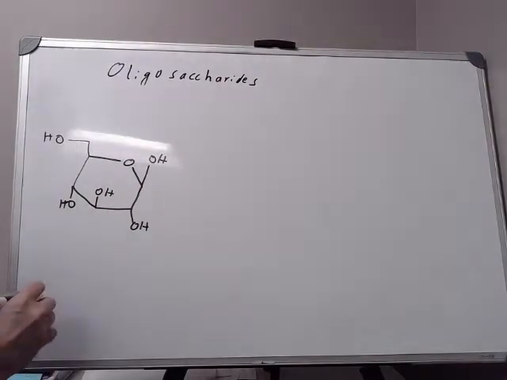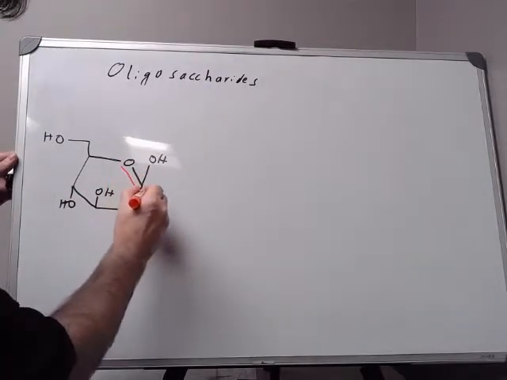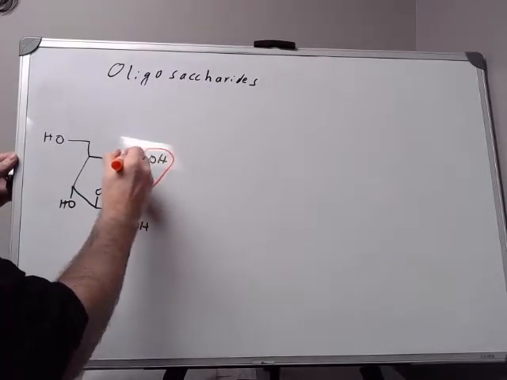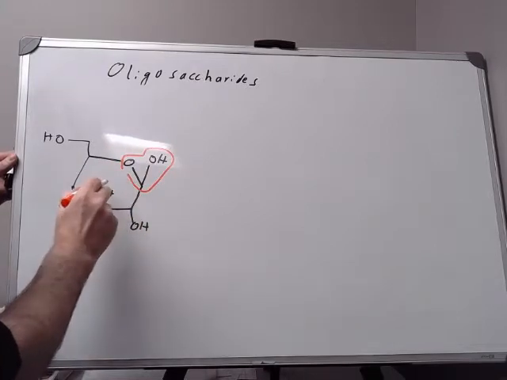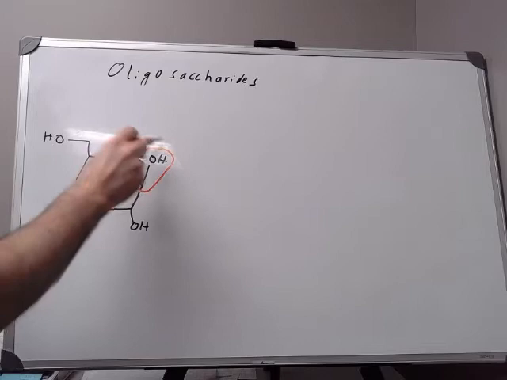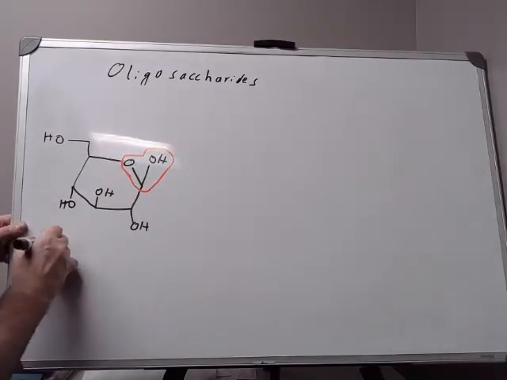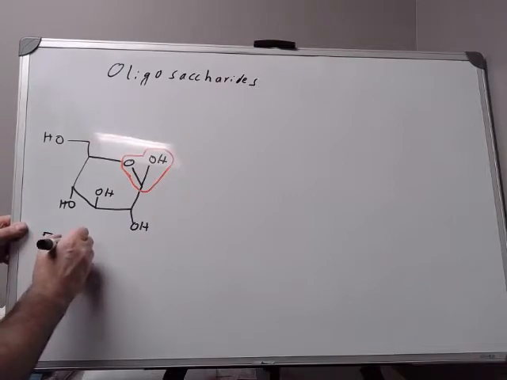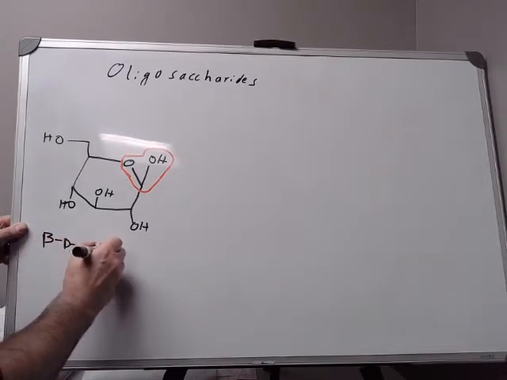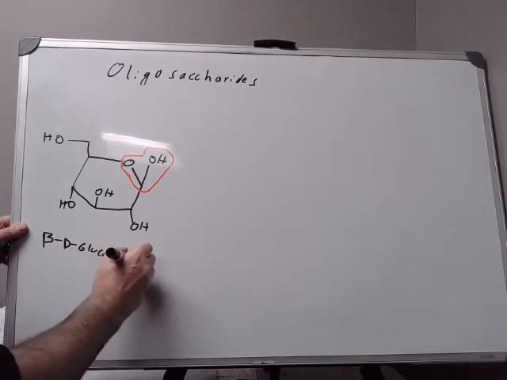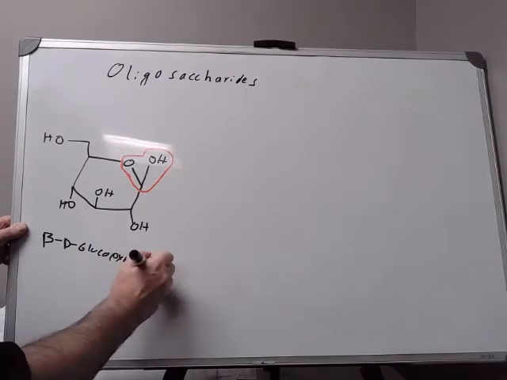so this is our hemiacetal group. The hemiacetal group would be this part of the molecule. If we name this molecule, it would be beta-D-glucopyranose.